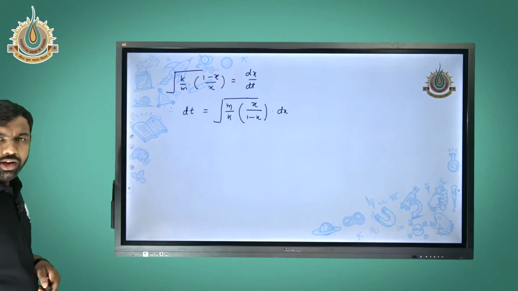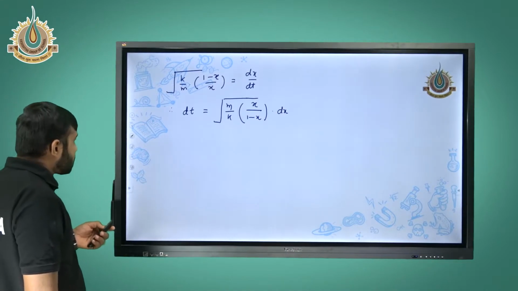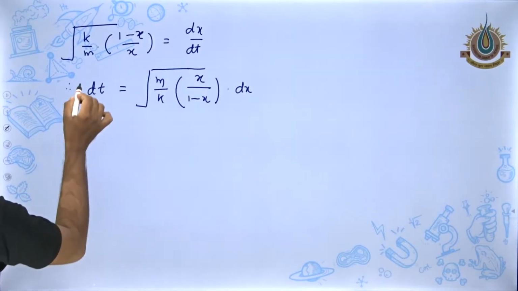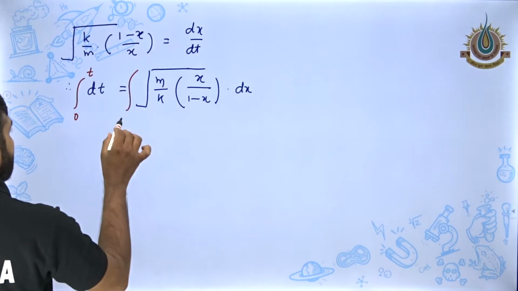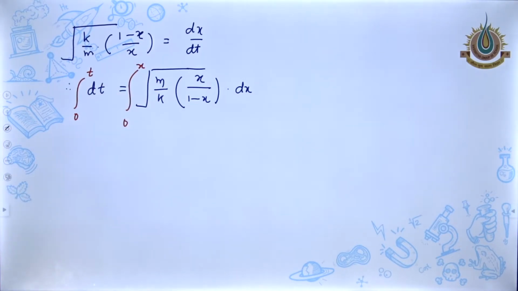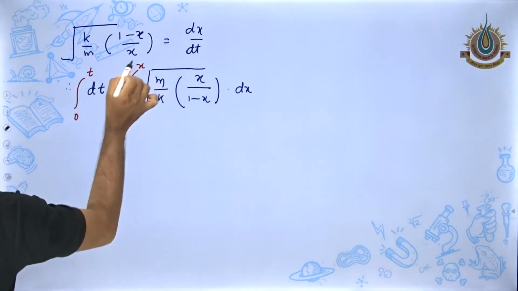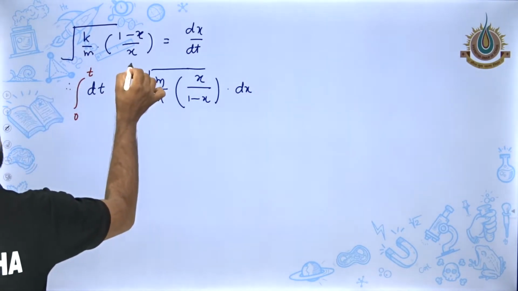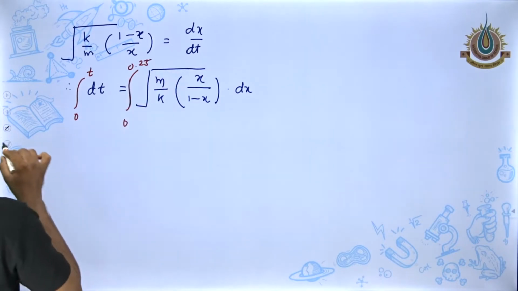Okay, now try to solve this problem by taking the integration. If you take the integration, what limits do you need to keep? The limits will be integration from 0 to t, and integration from 0 to x. x is equal to 0.25, so you can directly put 0.25. Sorry, what was x initial?